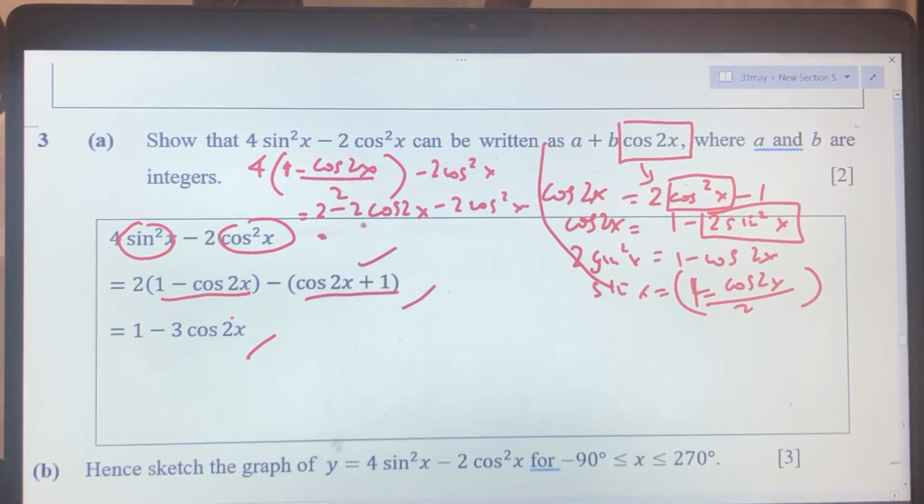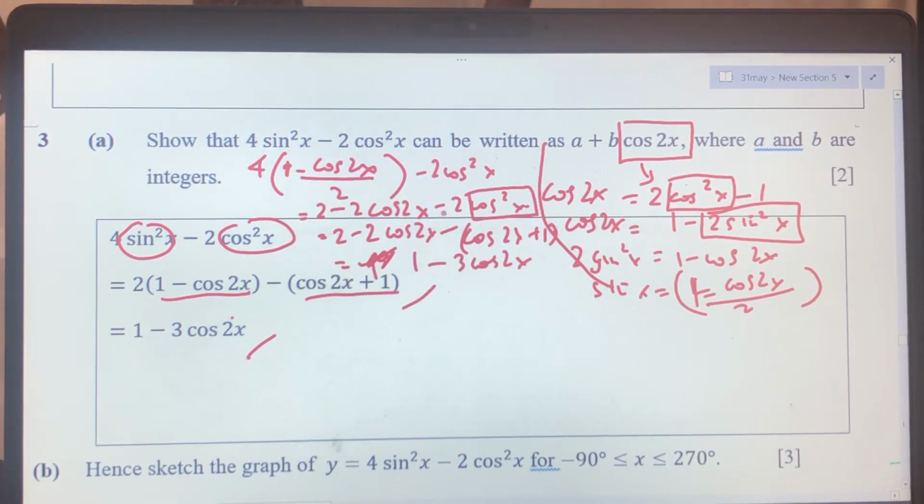Then what do you get? You will get 2 minus 2 cos 2x. But there's a minus cos square x here again, so you have to do the same thing, and you will end up with 1, because 2 minus 1, so 1 minus 3 cos 2x.